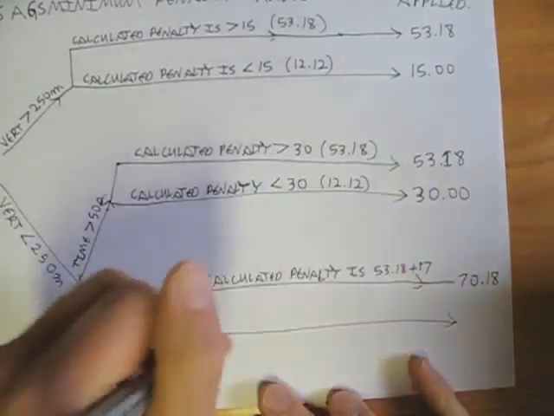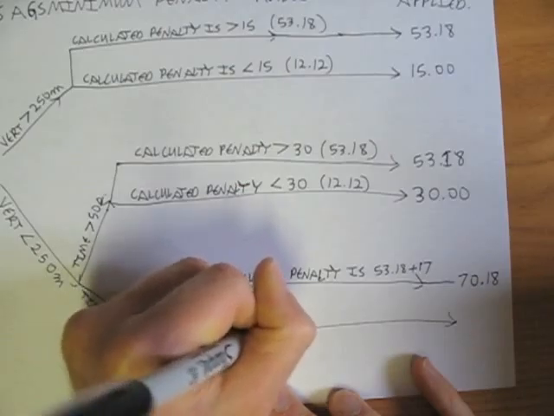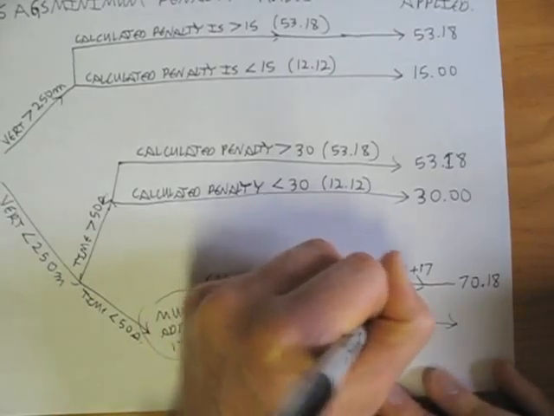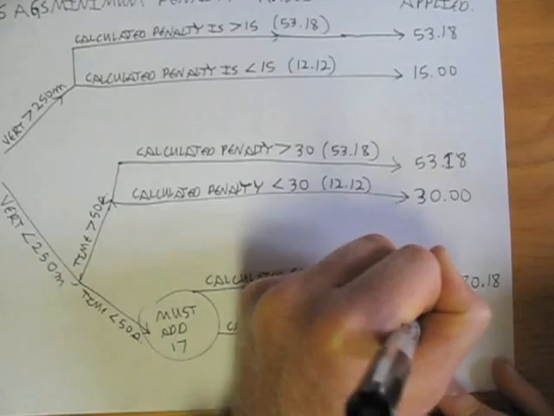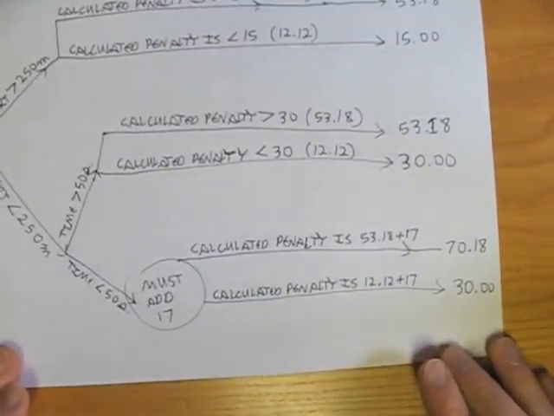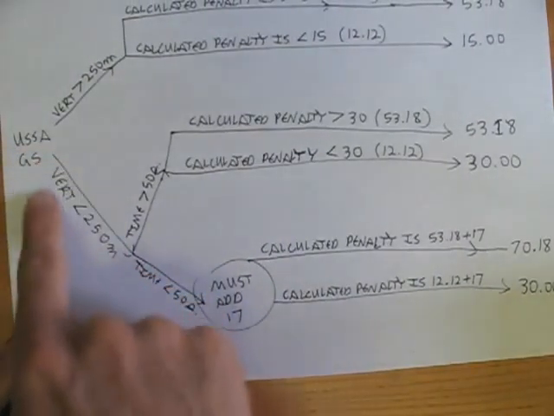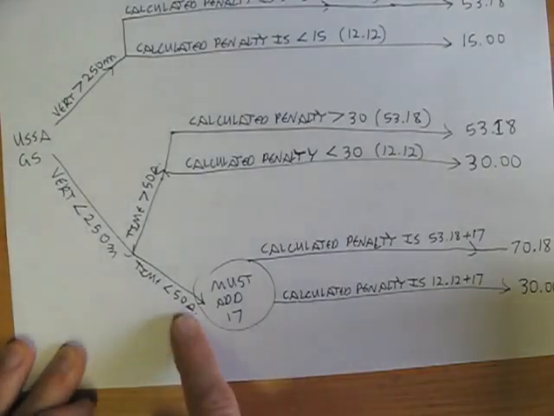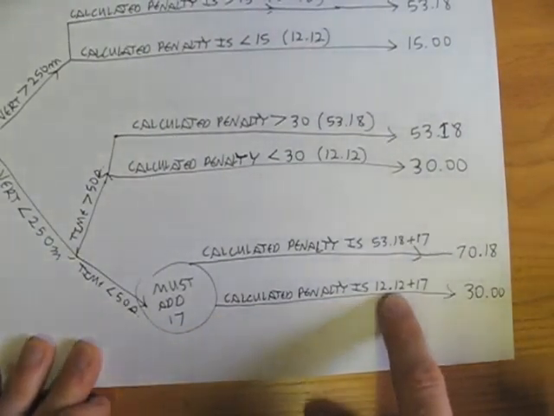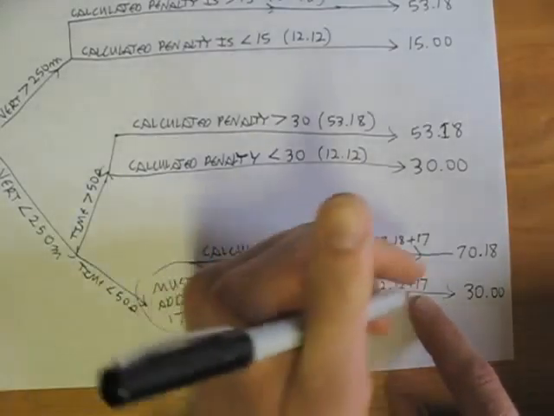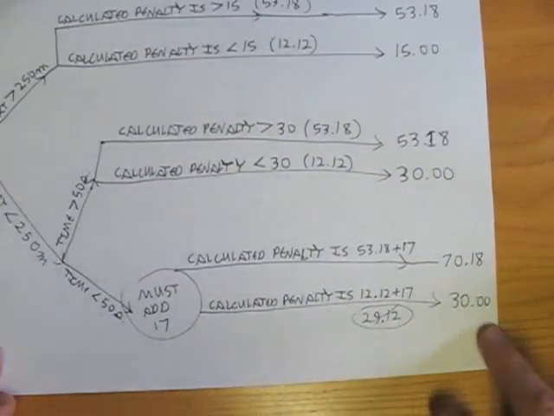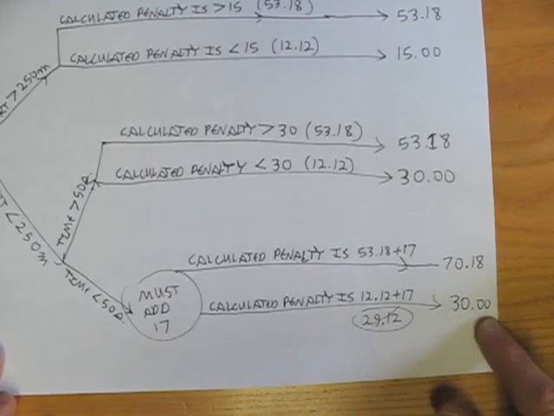Now, final: you're less than 250 meters for a GS, you're less than 50 seconds for the GS, you must add 17, your calculated penalty is 12.12, you add 17 to get to 29.12, but the minimum penalty is 30, so you must apply 30.